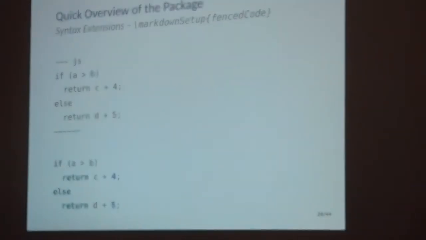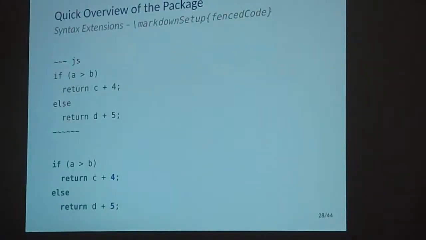There's fenced code support, so by default the package uses the minted package, or it doesn't load it because the minted package requires shell script. So if it loaded the minted package into your document, then it could break the document. It wouldn't compile, but it checks. And if the minted package is loaded, it uses the minted package, and it passes this string, which is called the info string, to the minted package as an indication of the language of the listing.